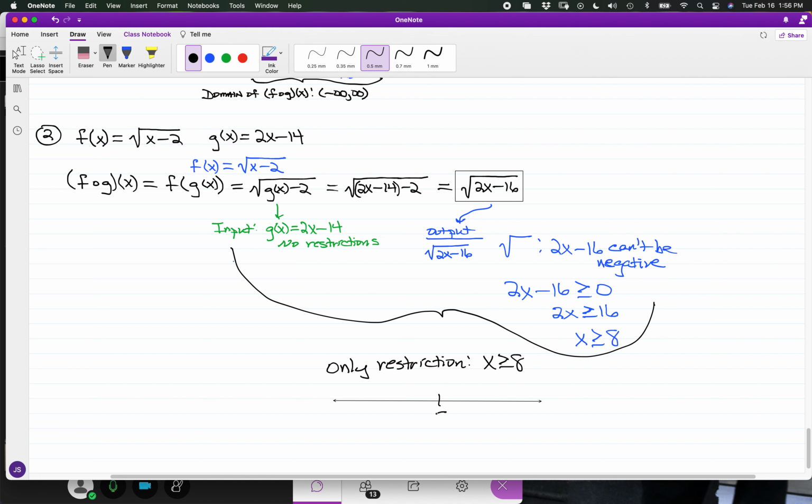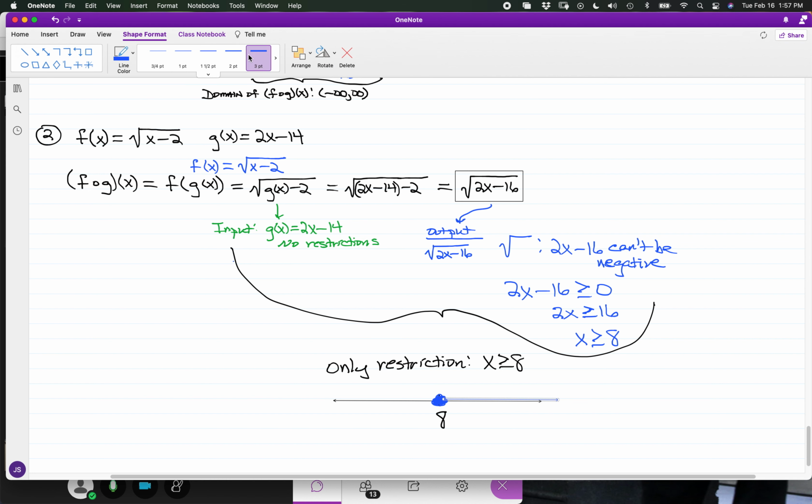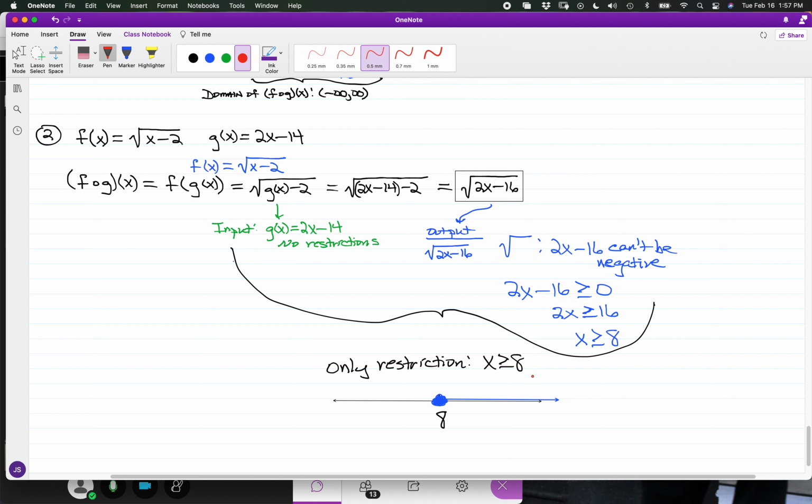So you have the number 8, for x is greater than or equal to 8. You have a solid point on 8, and for the rest of the set, you have a ray continuously going out to the right, approaching infinity.